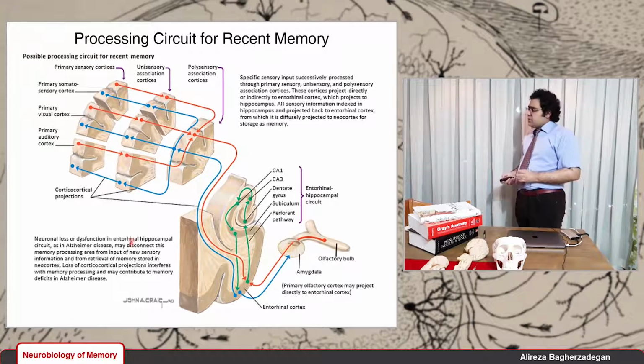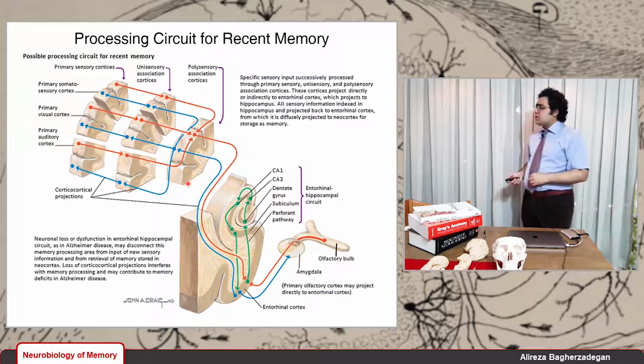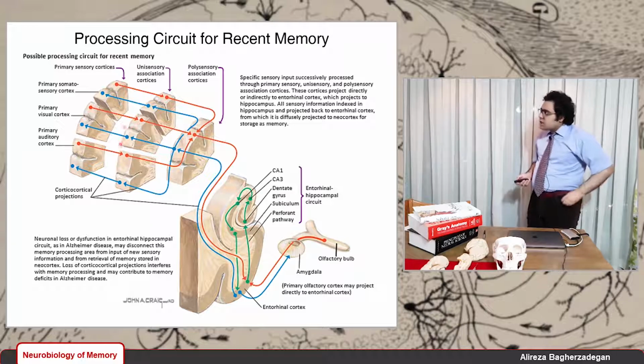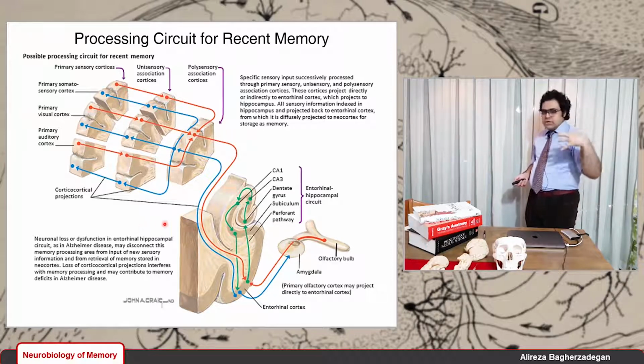This is a very beautiful drawing, again in one of Dr. Frank's atlases. It's a processing circuit for recent memory. I'm not going to tell you everything about this, but I'm going to show you how different areas of the cortex and the hippocampus are interconnected with each other.